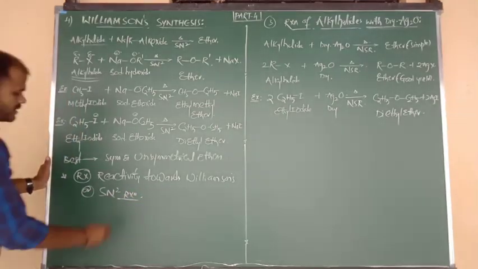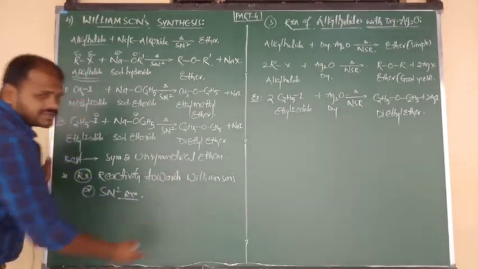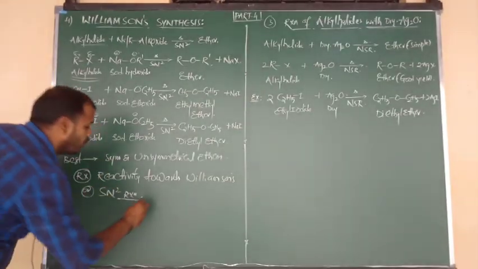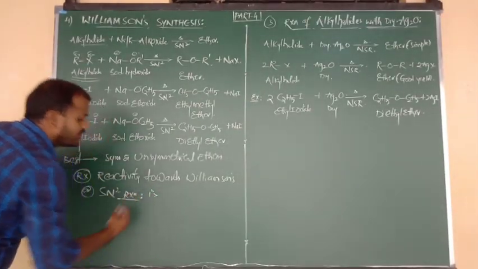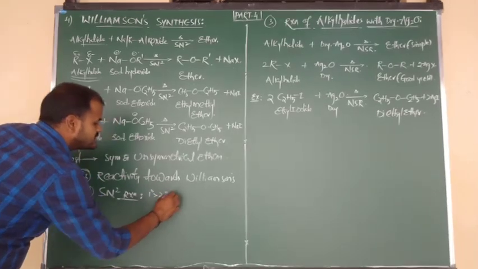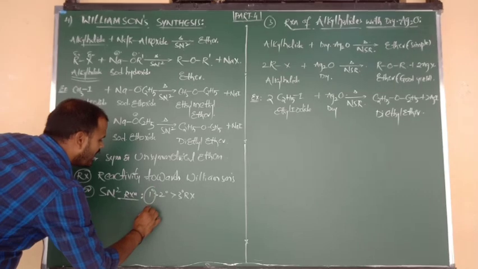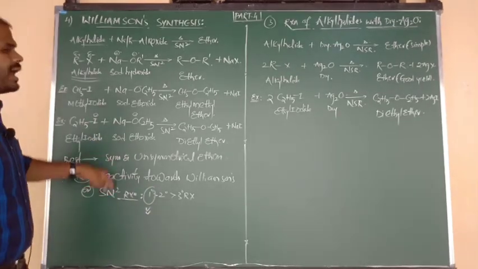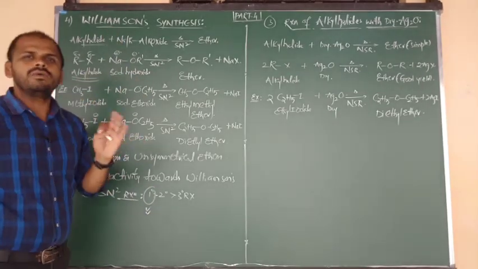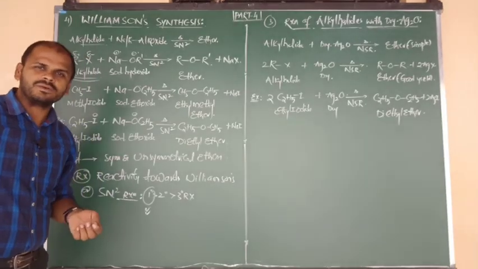Which alkyl halide is more reactive? Simple alkyl halide, that is primary alkyl halide, and next is secondary, and next is tertiary. So primary alkyl halides are more reactive and easily undergo Williamson's ether synthesis.